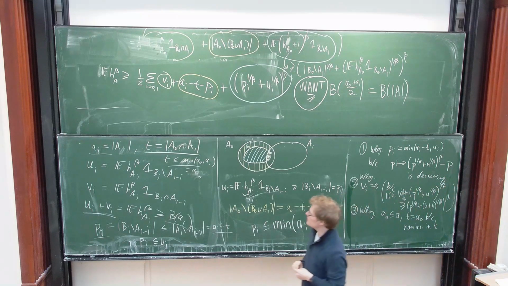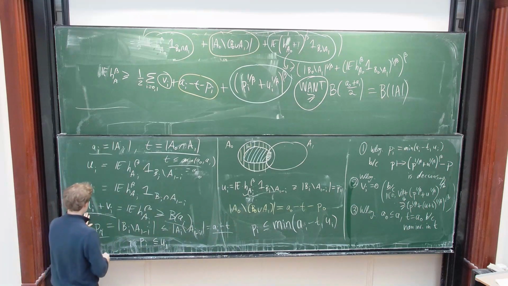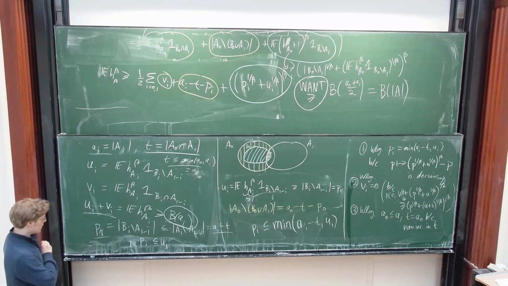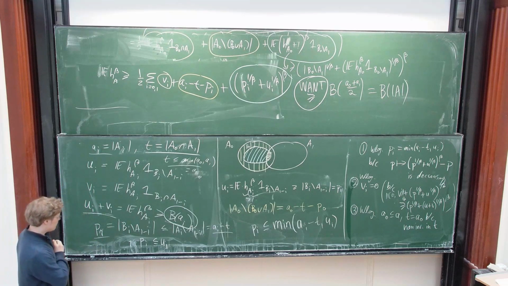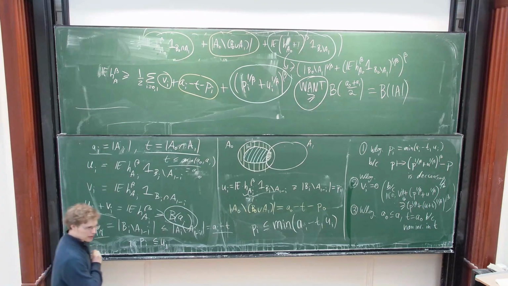So now the only thing that I have left is UI, and the only constraint that's left on UI is greater or equal to B of AI. And I can replace it by B of AI because the quantity is actually increasing in UI, right?